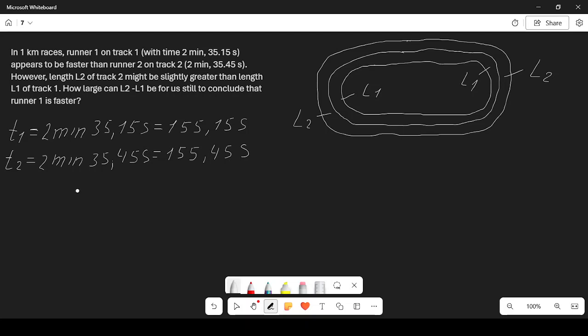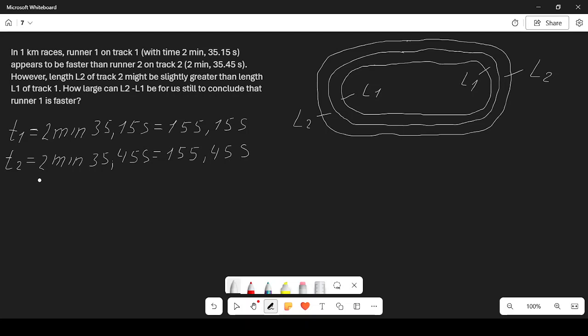They gave us that the race is a 1 kilometer race, but they didn't clarify whether 1 kilometer is the length of track number 1 or track number 2. If they didn't say it to us, we should make an assumption.